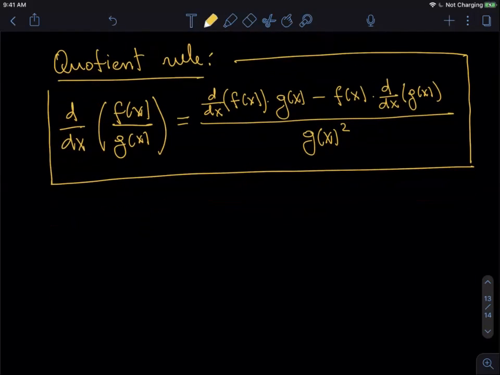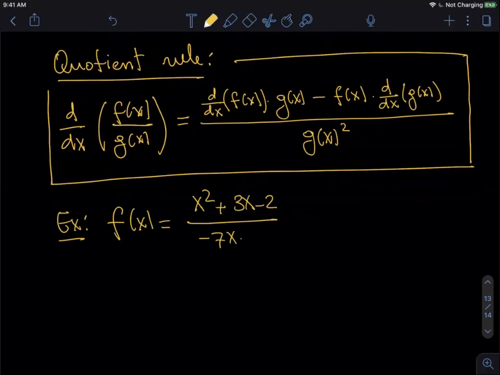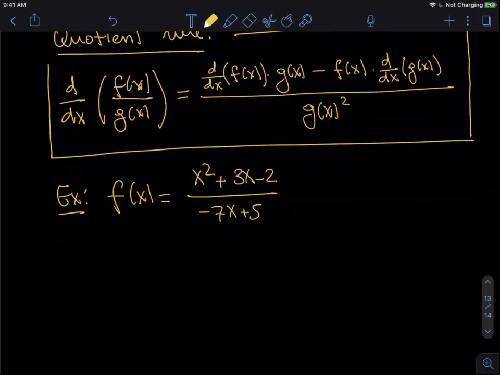So let's start. Let's say we have f of x equals (x squared plus 3x minus 2) divided by (negative 7x plus 5). You see clearly this is a quotient of two polynomials.